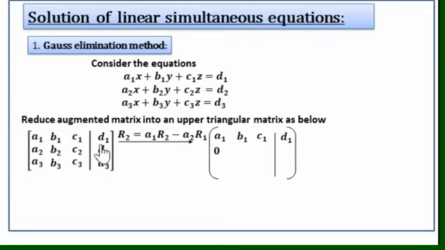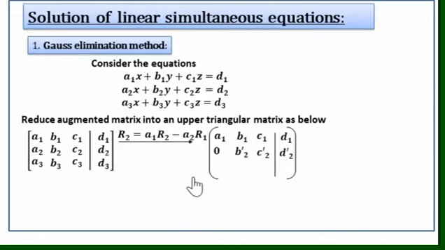Next corresponding element will be A1 B2 minus A2 B1, and that new element we call it as B2 dash. Next, here A1 C2 minus A2 C1, we call it as C2 dash, and similarly A1 D2 minus A2 D1, we call it as D2 dash.